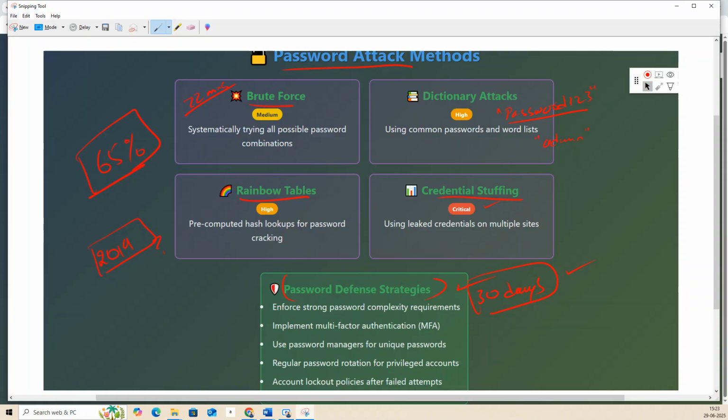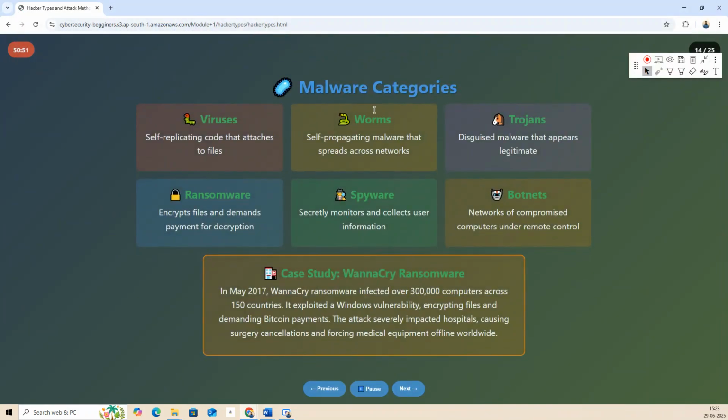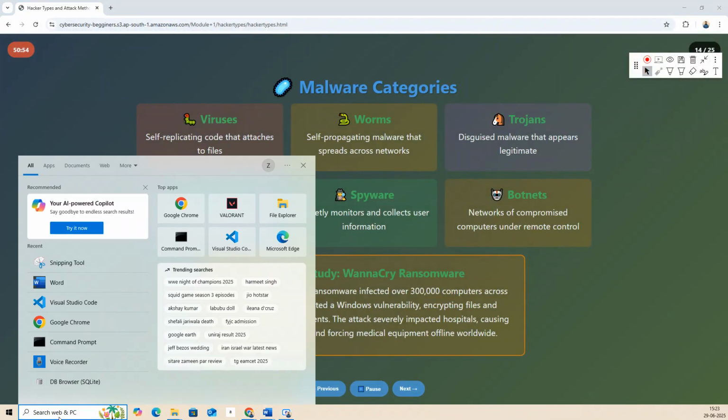Password attacks target the human element, but our next category targets your system directly with malicious software. The malware category.